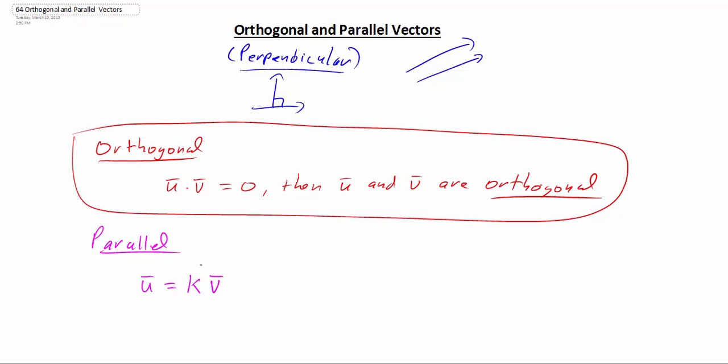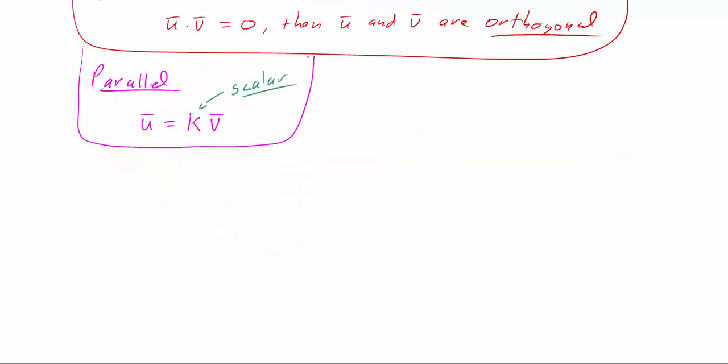So once again here, k is just a scalar. So if you can write one vector as a scalar multiple of the other vector, that means the two vectors are going to simply be parallel. So let's look at some examples. And then of course, if the dot product doesn't equal 0, and if it's not a scalar multiple, then that means the two vectors are neither orthogonal nor parallel.